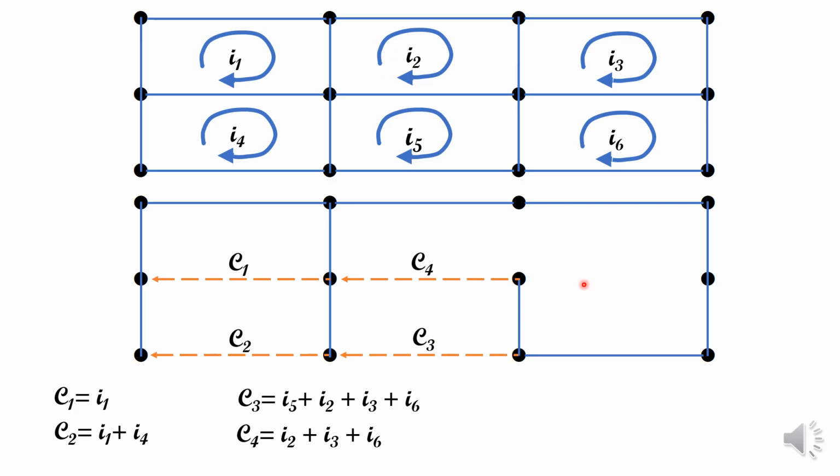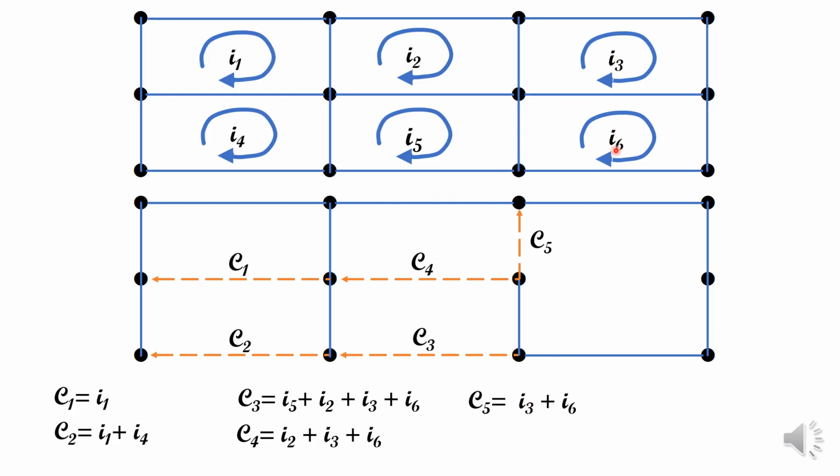And then this other edge that we removed, with this orientation, forms a cycle together with branches of the spanning tree. This cycle we call C5, and this is equal to I3 plus I6.